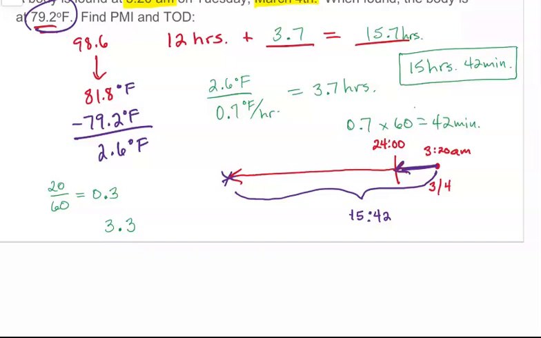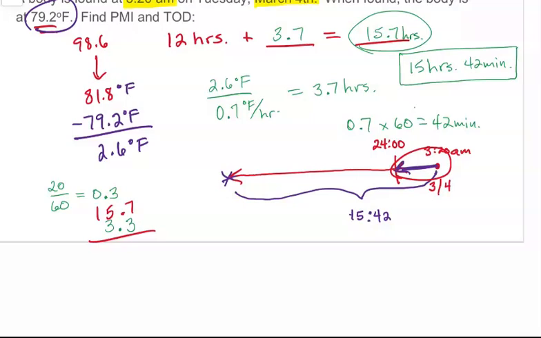All right? Now my total time, if I'm thinking in decimals, we did that up here, 15.7. So what I'm going to do is subtract, squeeze this in here, 15.7 minus 3.3. Because of my 15.7 hours PMI, 3.3 of it occurred on March 4th. The rest occurred on March 3rd.